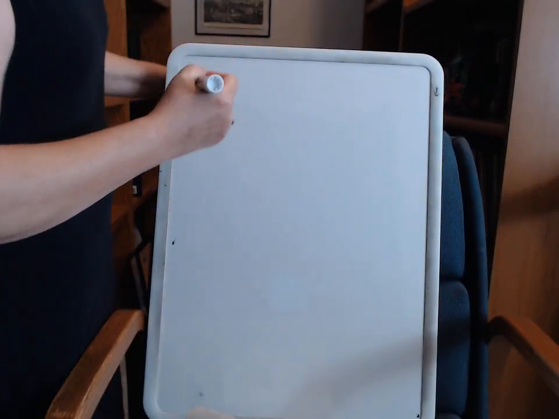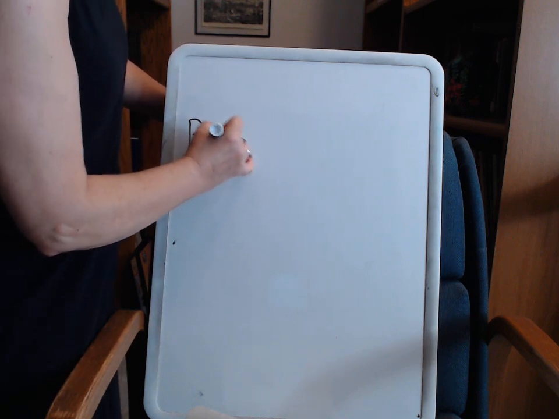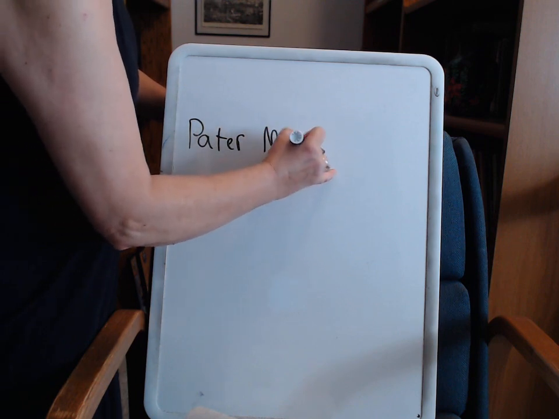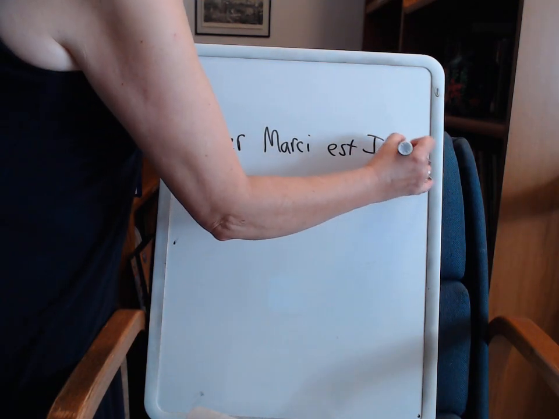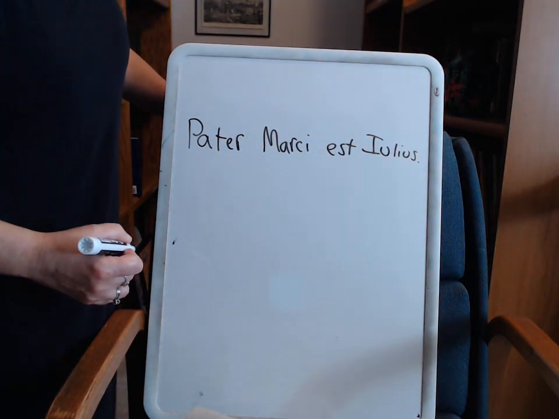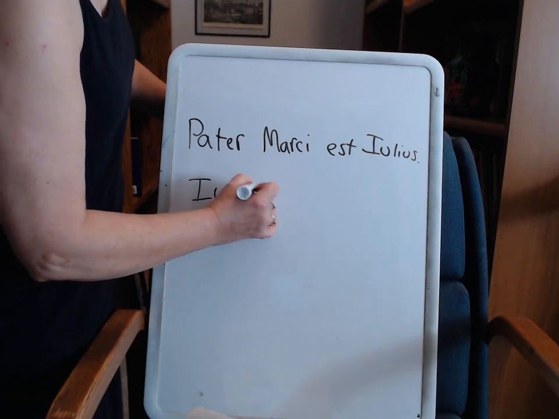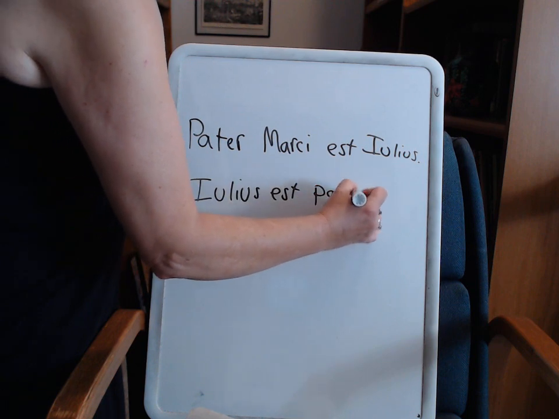All right? Pater Marci est Julius. Remember, we can write this multiple ways, by the way. Julius est pater Marci.